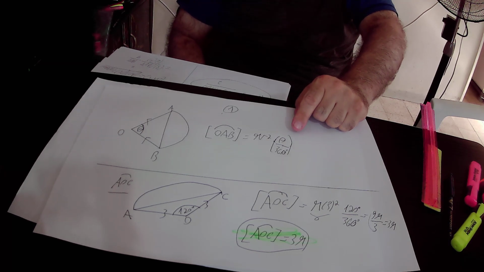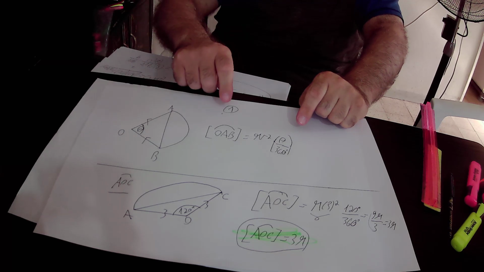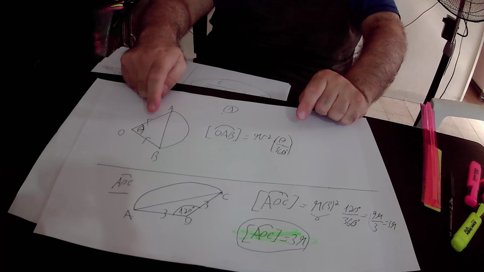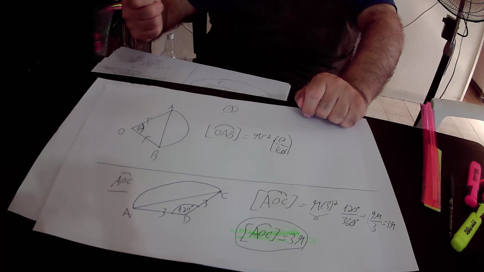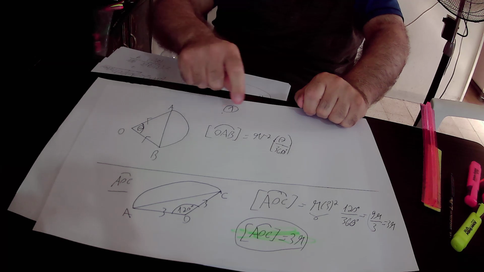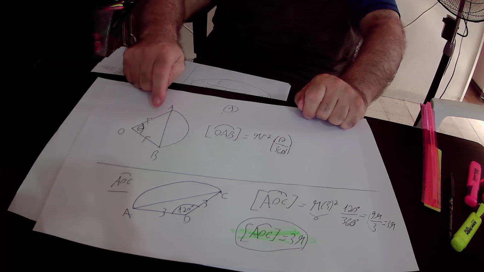The ratio theta over 360 degrees gives us the relative percentage that this sector occupies out of the area of the entire circle. And when you multiply this relative percentage by the area of the entire circle, that is pi r squared, you will get exactly the area of this sector.